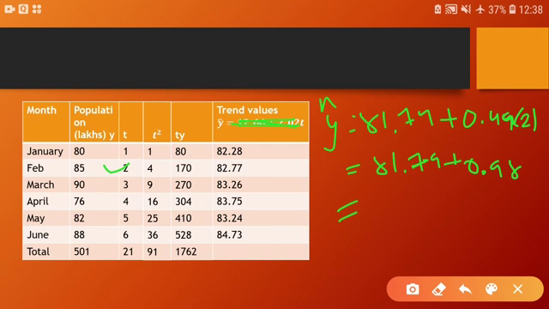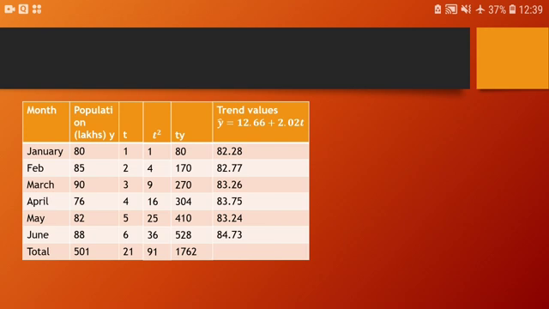So 81.79 plus 0.98 is 82.77. The same way we need to find for t equal to 3 in the equation, 4 in the equation, 5 in the equation, 6 in the equation.